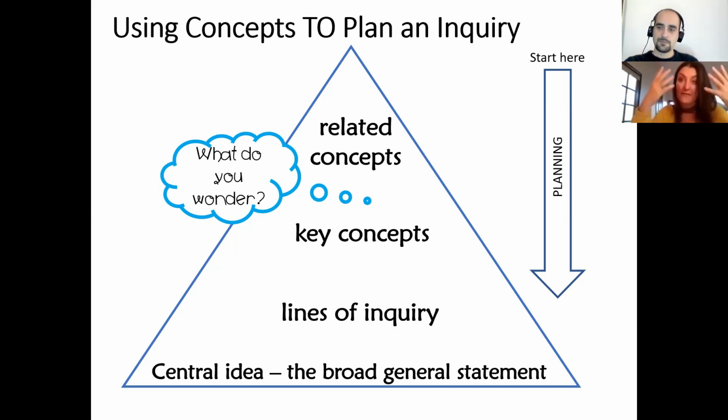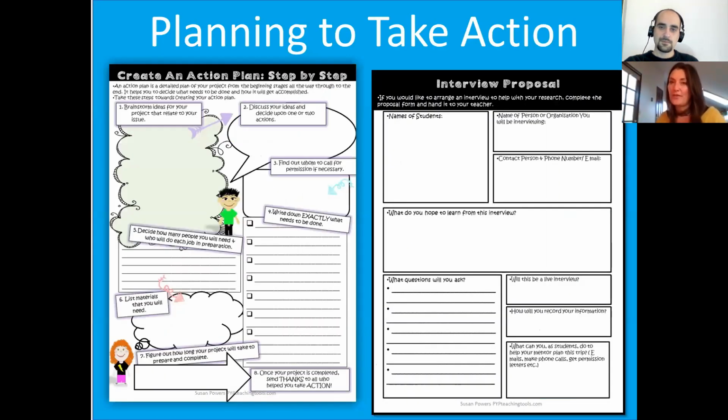It gives the kids that visual of the whole planning process, so it really helps them with that planning step. And we also have to plan the action as well. Exactly. We ask a lot of them. So this section on planning to take action includes materials to use when planning this part of the exhibition.